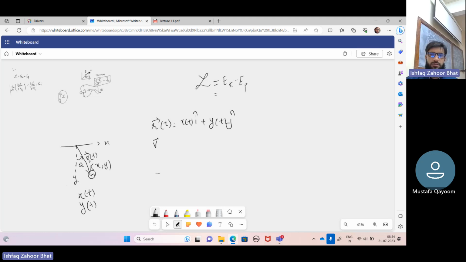The velocity is nothing but the derivative of this r, and that is x dot i plus y dot j. So what is the kinetic energy?